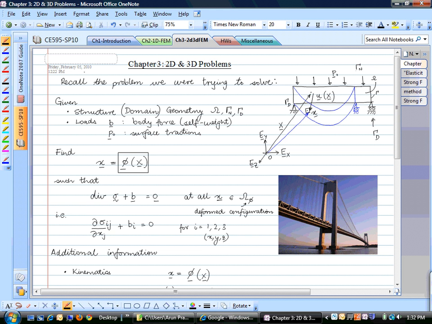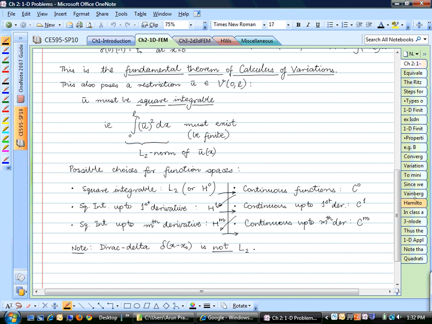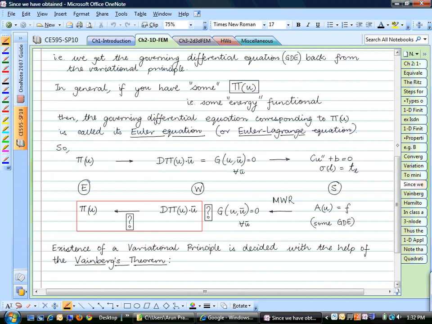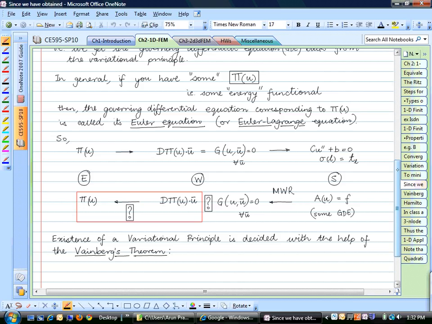So I guess if you take a look at this picture that we were talking about, so we said that let's say this is the governing differential equation that you start from.